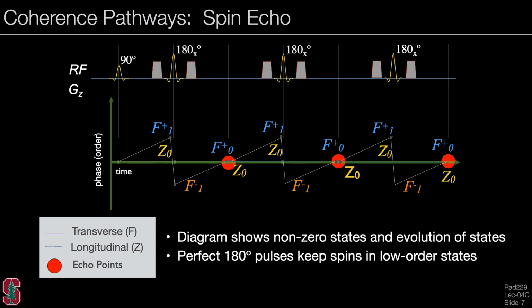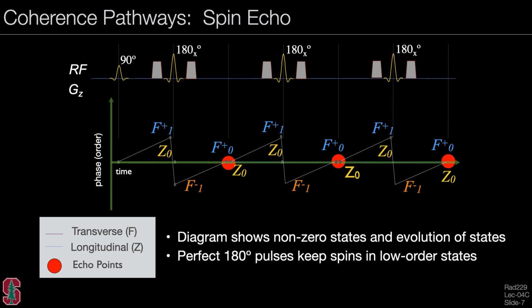The 180-degree pulse flips this into F minus 1, as shown. It is then refocused again to F plus sub 0 at the spin echo, which is shown by a red dot. It continues to dephase and is refocused again and then rephases to the second spin echo, dephases again, and so on.